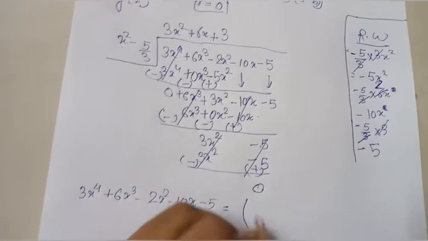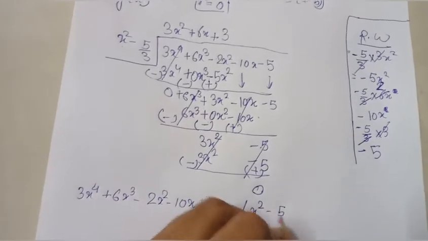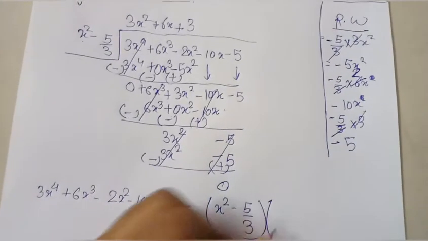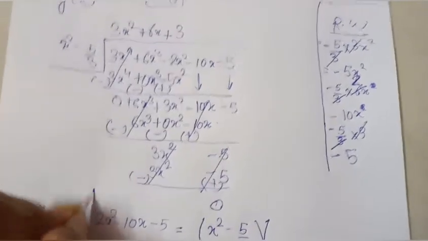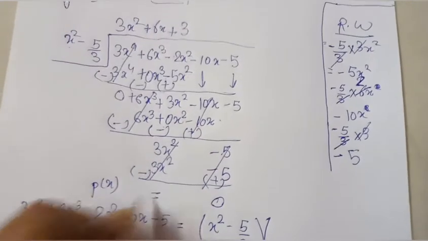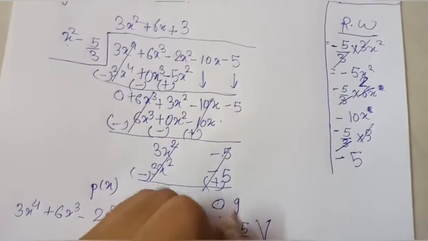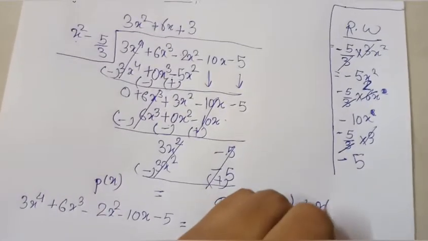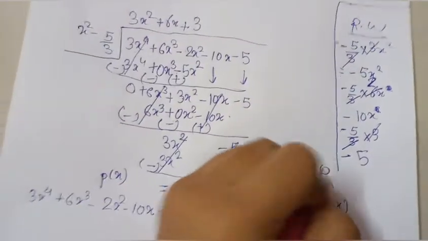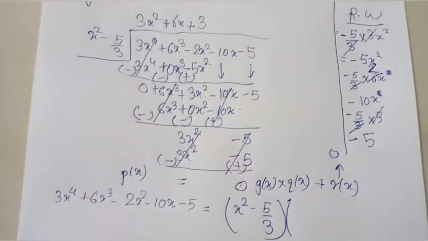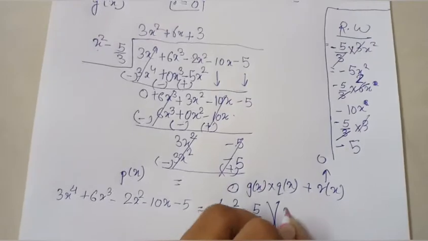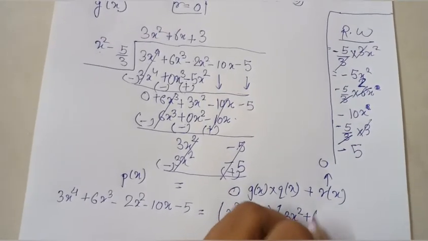We'll write it like this: x square minus 5 upon 3 is one of the factors, and the other one is, actually we are writing what? Px equal to gx into quotient plus remainder, but here as we know that remainder is equal to 0, and gx is this and qx is this. It is 3x square plus 6x plus 3.